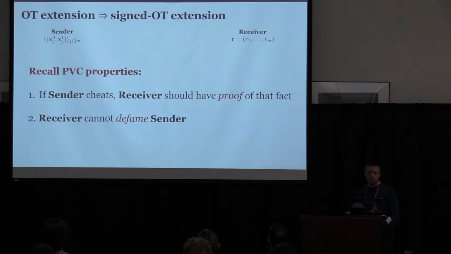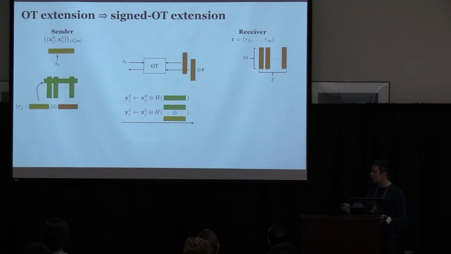So what we want to do now is we want to be able to prove things. We want to force Alice to sign both input secrets that she's sending. Notice we are in the situation where there are two explicit things that Alice is sending to Bob, and we can ask Alice to sign these two explicit things, right? So this yj0 and yj1.